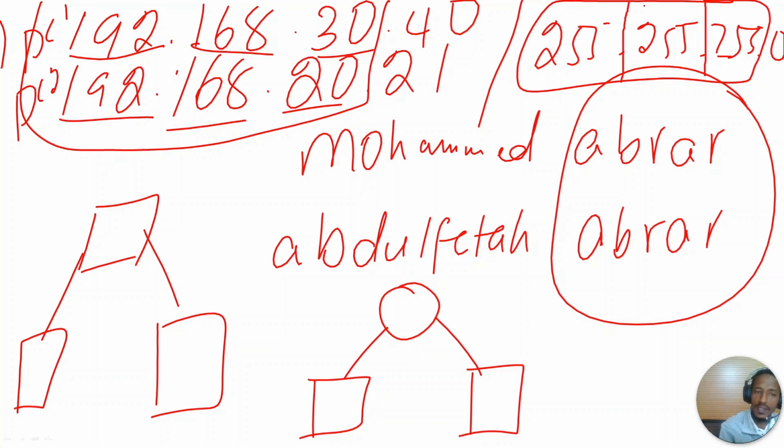If this had been 30, if this had been another number, then these two PCs could communicate, because the only difference would be in the last number.